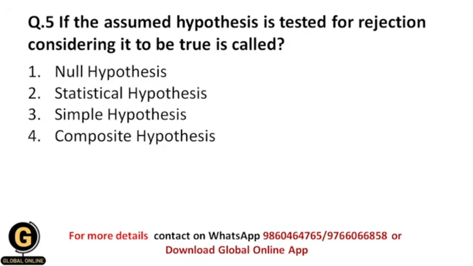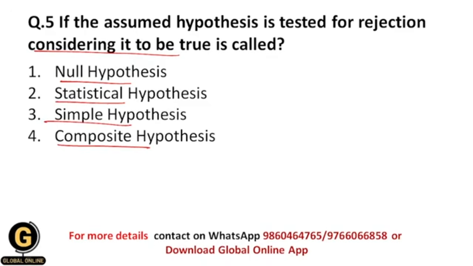If the assumed hypothesis is tested for rejection considering it to be true, it is called what? So whenever the assumed hypothesis is tested for its rejection, considering that it is true, then it is called as what? Whether it is called null hypothesis, statistical hypothesis, simple hypothesis, or composite hypothesis.